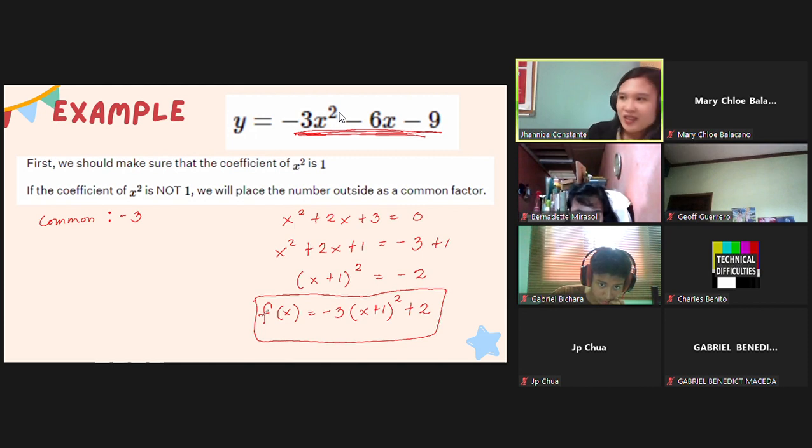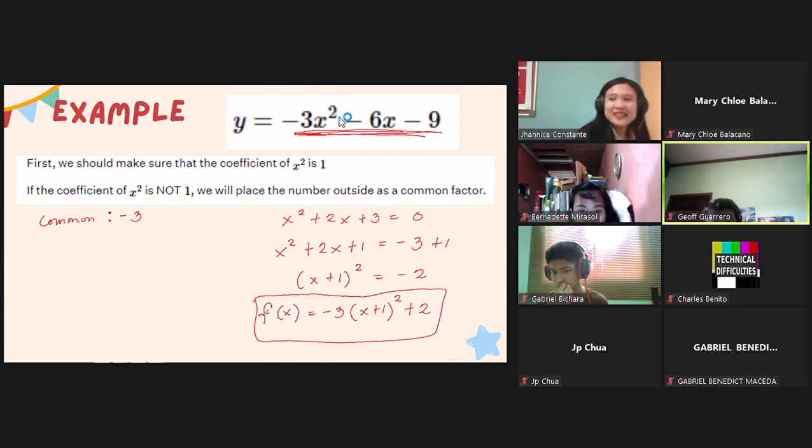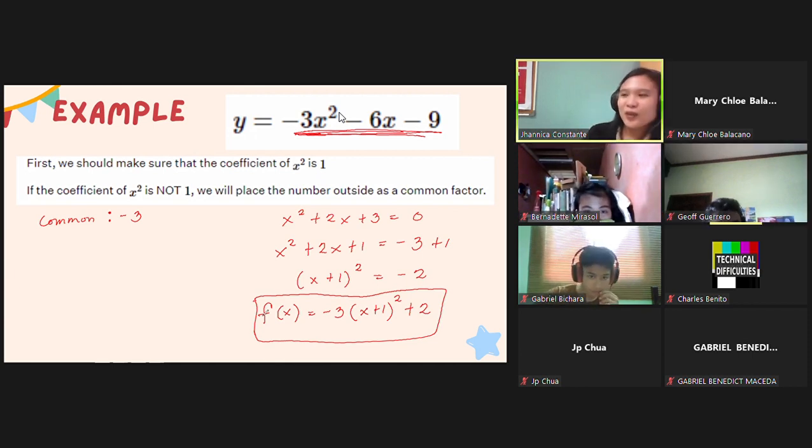Question on this example. Yes, Job. How did you get x squared plus 2x plus 3 equals 0?